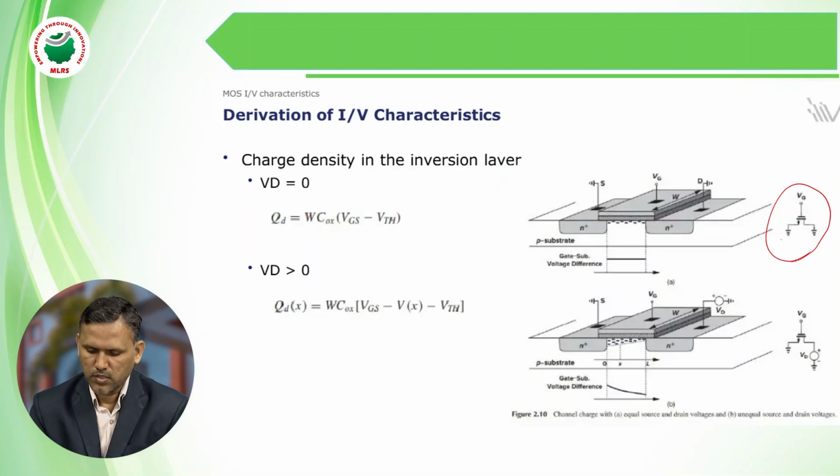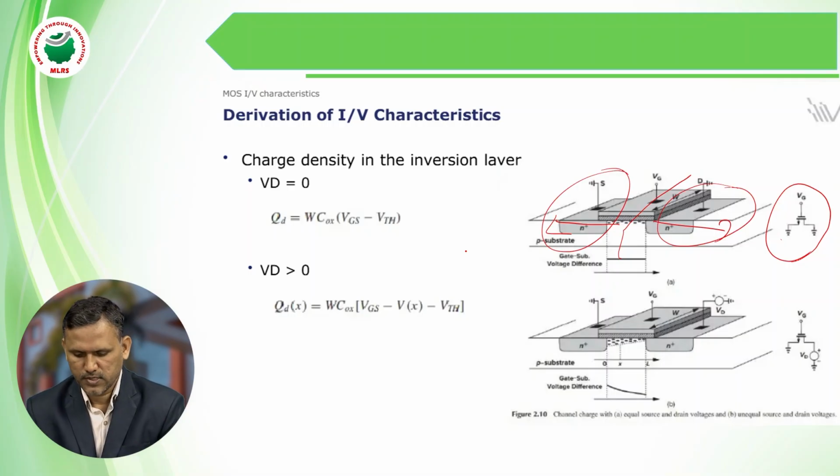This is the mirror image. You can observe this is one area, this is another area. So the supply voltage at this area and at this area is equal. This is one case. In the other case, we apply some voltage at the drain side. That is VD greater than 0.